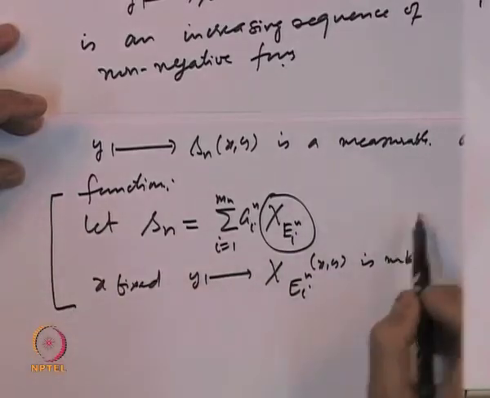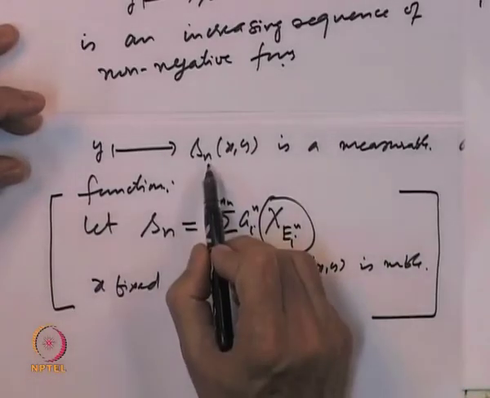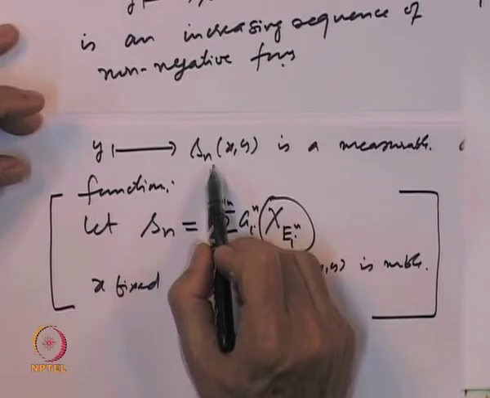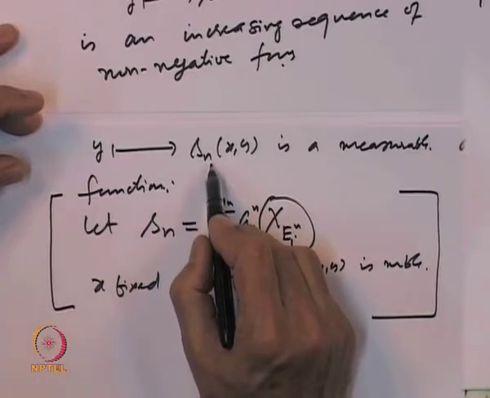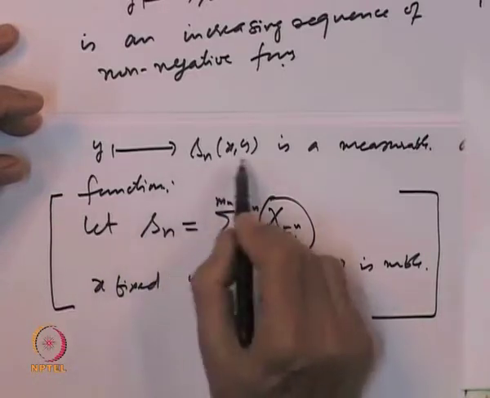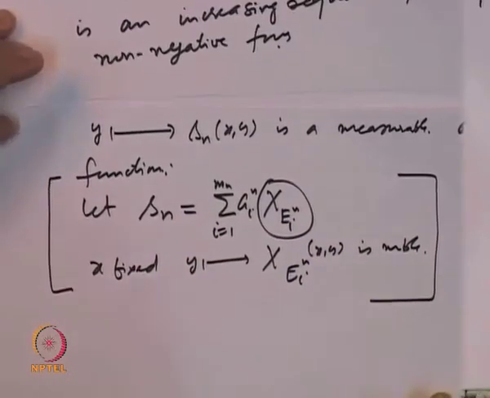A scalar multiple of a measurable function is measurable, and the sum of measurable functions is measurable. So, this is an obvious fact that for a simple measurable function S n, if we fix one of the variables, in the other variable it becomes a measurable function.